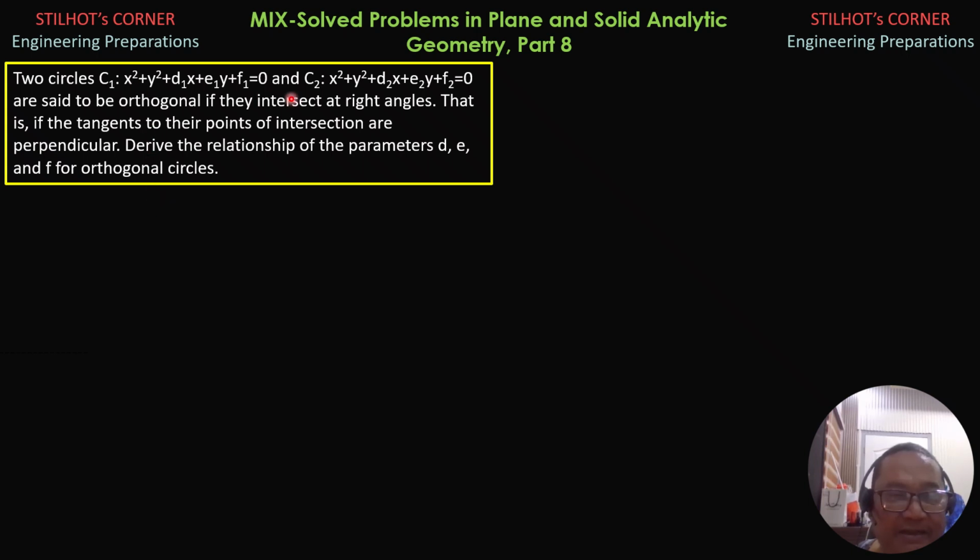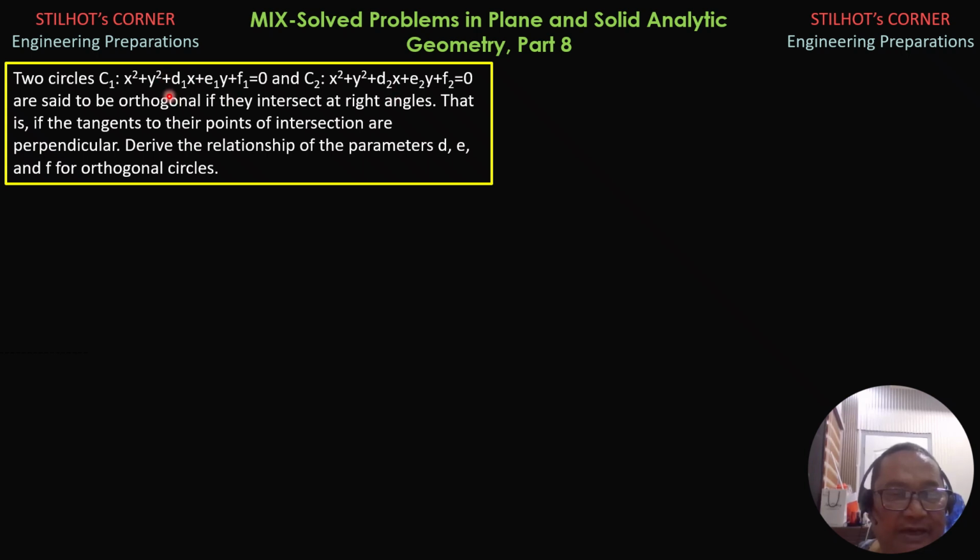So remember that these represent circles, and if you go back to my playlist, engineering review materials, I derived the formula for the location of the center, the shortcut when the coefficients of the second degree terms are 1, like in this representation of two circles here.